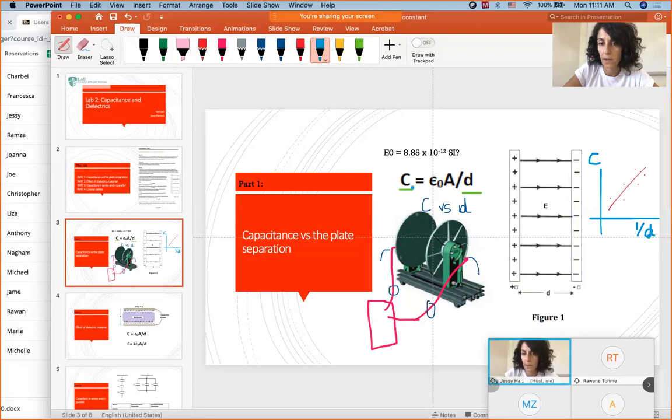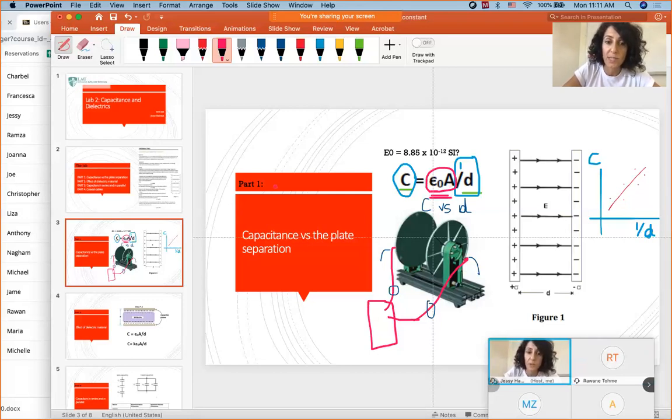Epsilon. Yes, so C is your y-axis, 1 over D is your x-axis. What does the slope represent? Epsilon 0. Exactly, so this would be your slope. You would do linear regression, find the error on the slope, and then deduce epsilon 0, knowing that A is known and the error of it is known.